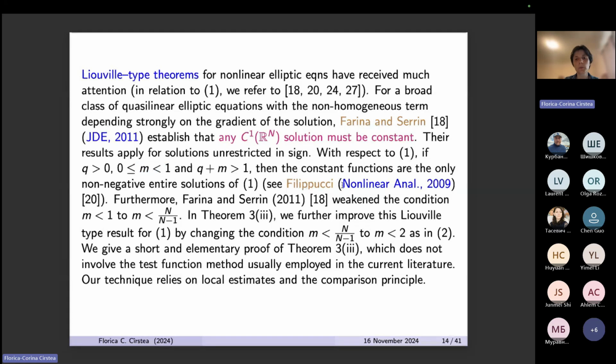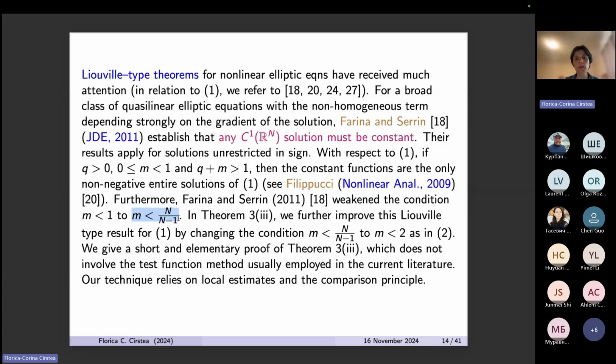This was proved by Filippucci in 2009. Furthermore, Farina and Serrin in 2011 weakened the condition from M less than 1 to M less than N over N minus 1.